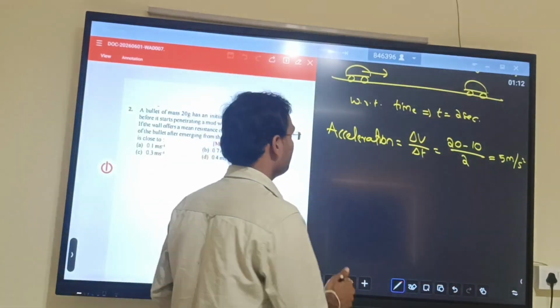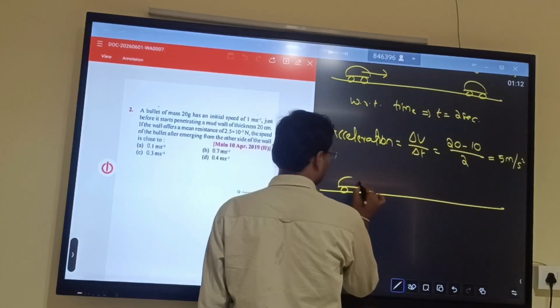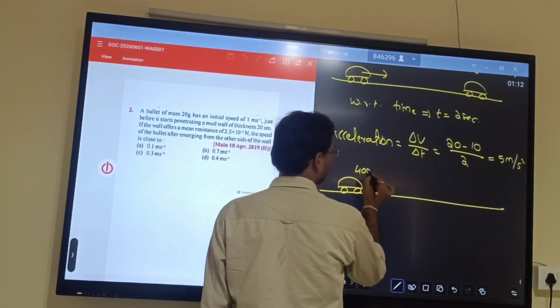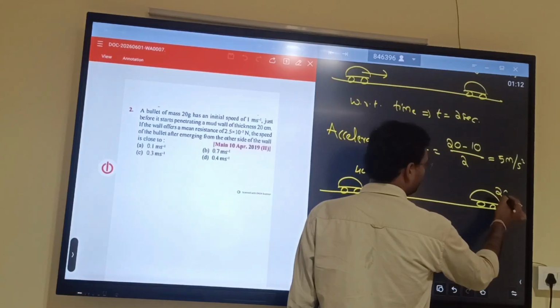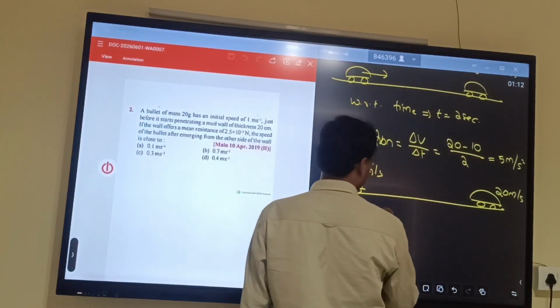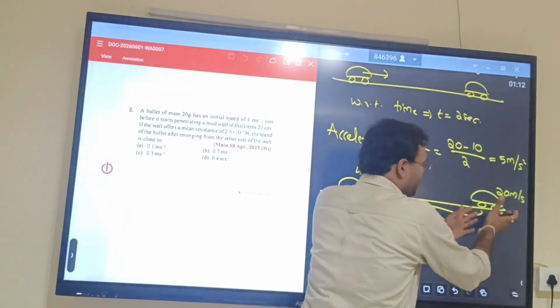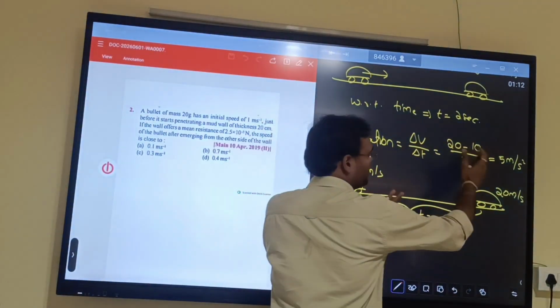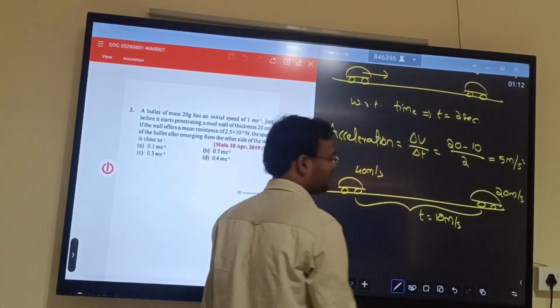Now the second point. Let us assume an object is present with 40 meter per second here, and here it has 20 meter per second, and the time taken to change its velocity from 40 meter per second to 20 meter per second, let us assume, is 10 seconds.